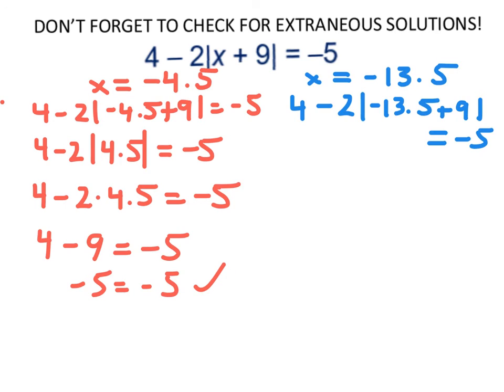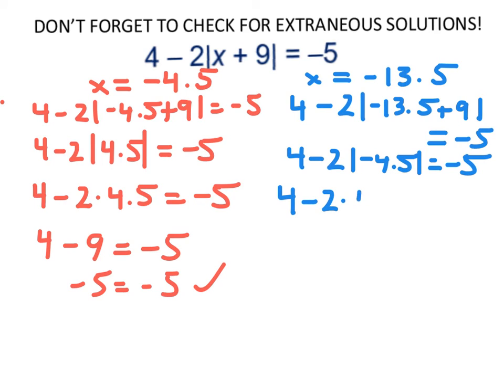To check the right side, I'm going to do the same thing. So I simplify inside the absolute value first. So it becomes 4 minus 2 times absolute value of negative 4.5 equals negative 5. 4 minus 2 times 4.5 equals negative 5. 4 minus 9 equals negative 5.